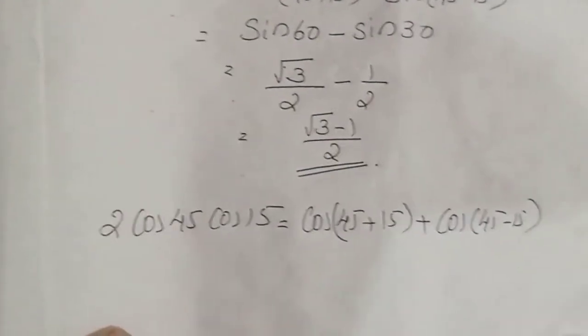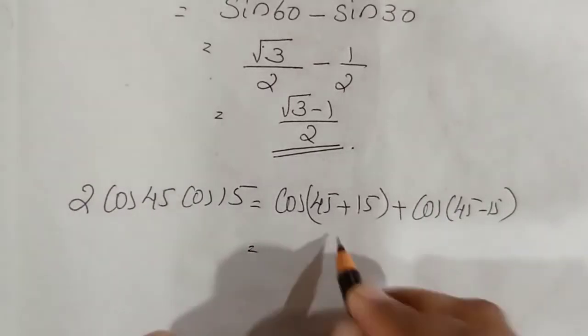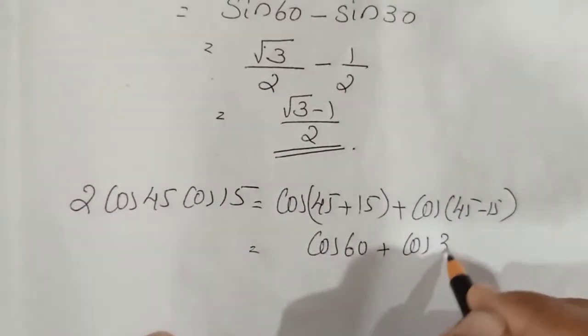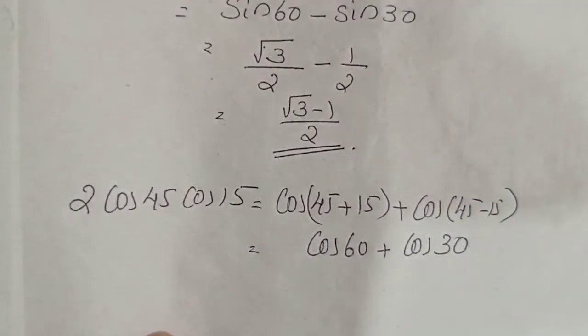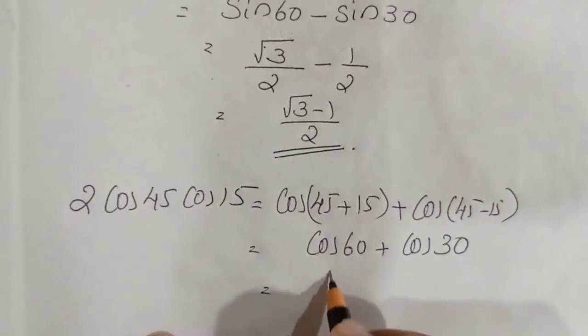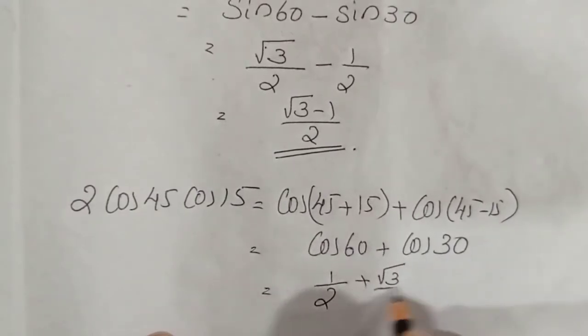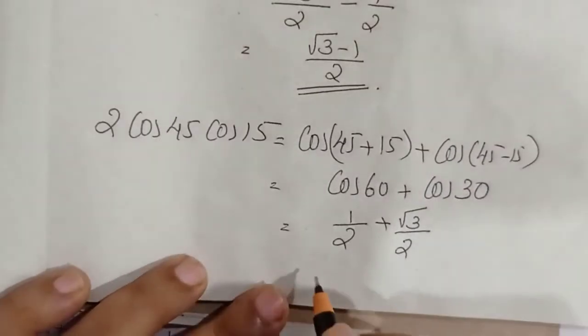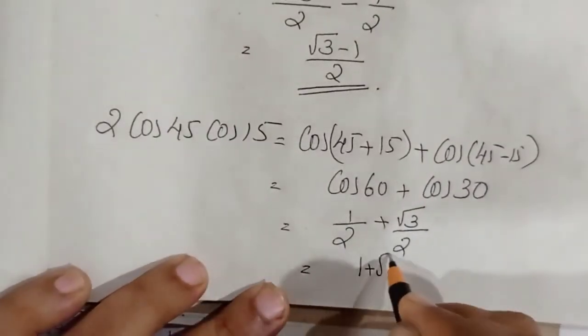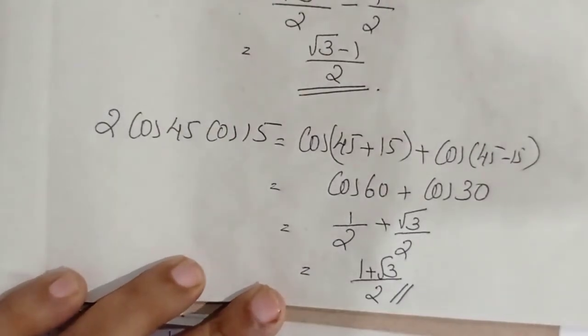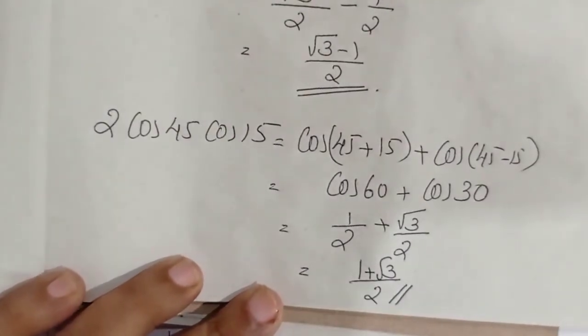What is cos sum? Cos 60 plus cos 30. What is cos 60? Cos 60 is 1 by 2 plus cos 30 is root 3 by 2. Therefore, the value is 1 plus root 3 the whole by 2.